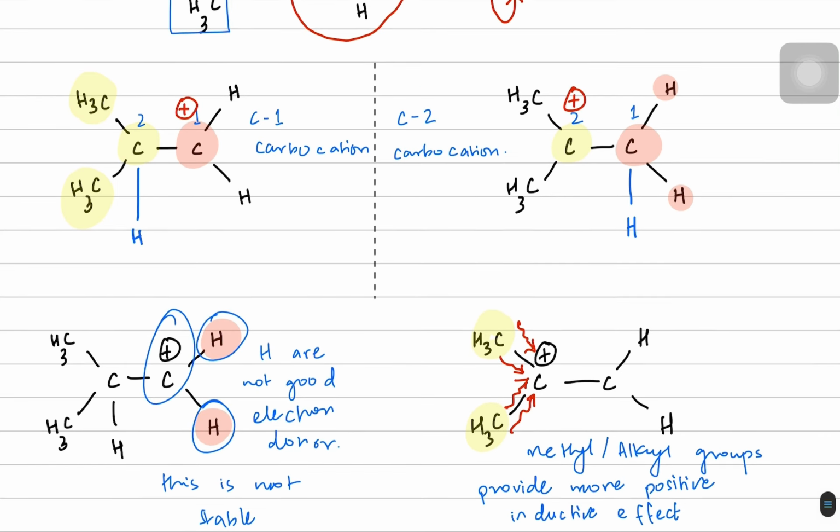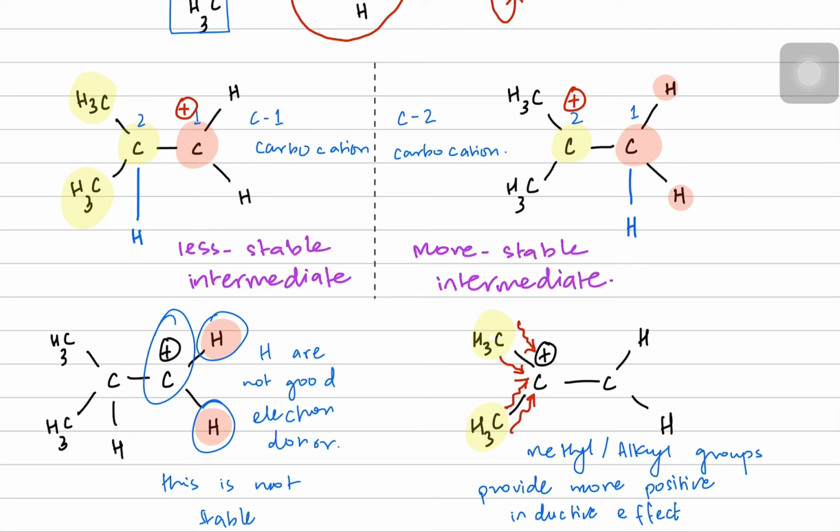So out of the two possibilities, the one on the left with the carbon 1 carbocation is a less stable intermediate, which means it's formed in the middle. It could be formed in the middle as a step in the reaction, but it's not pretty stable. But the one on the right is a more stable intermediate.